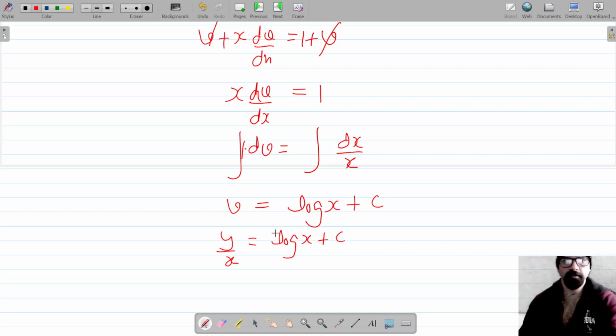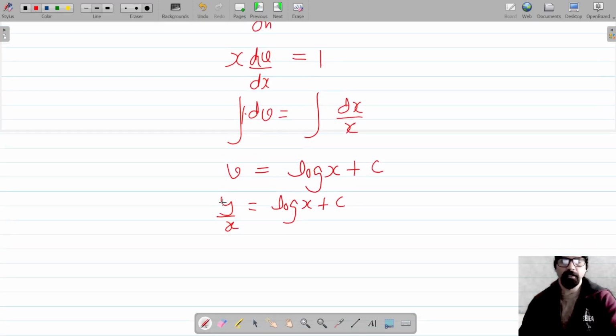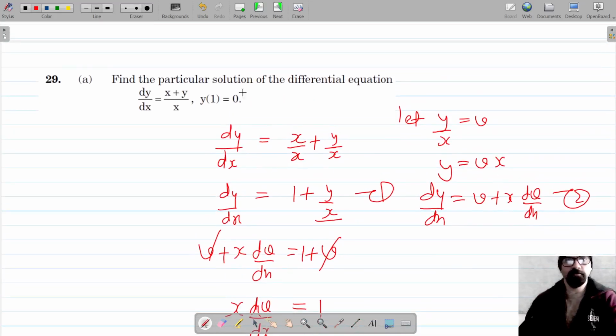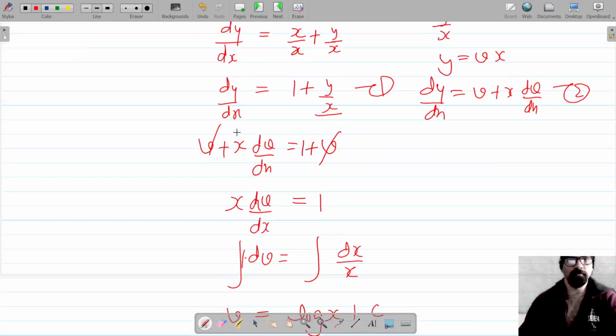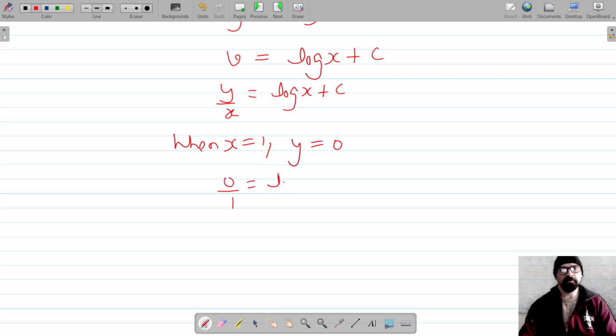So y by x, if we get the value of c, it's given in the question that we have to find when x is equal to 1, y is equal to 0. So when x is equal to 1, y is equal to 0. So this becomes 0 by 1 is equal to log 1 plus c.